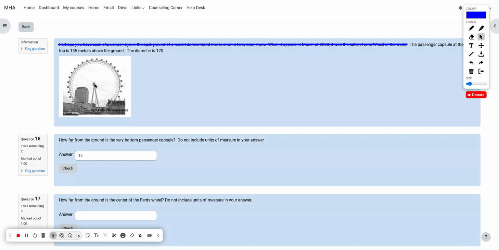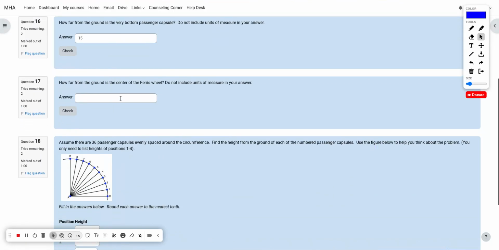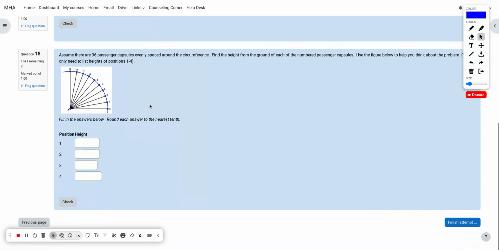What we want is right in here. So we take the diameter of 120, divide it by 2, and we get 60. Now we take this 15, because it's 15 feet off the ground. So 60 plus 15 is 75. So here, this is 75.